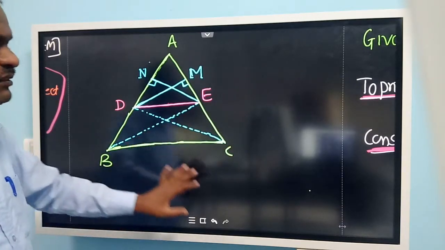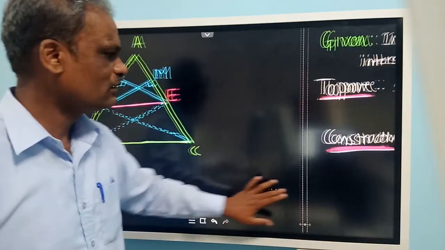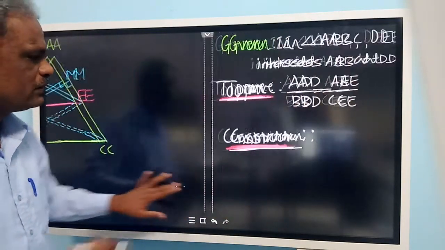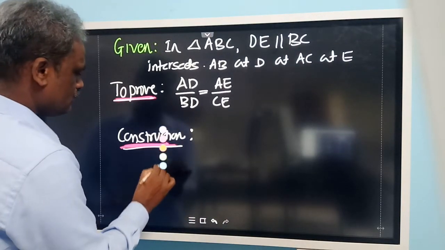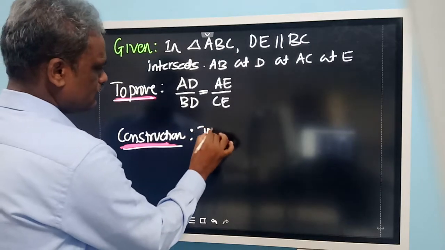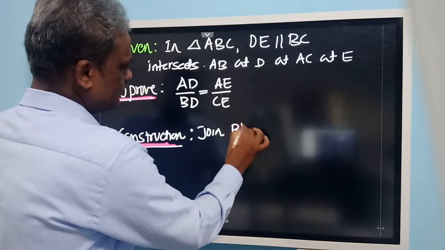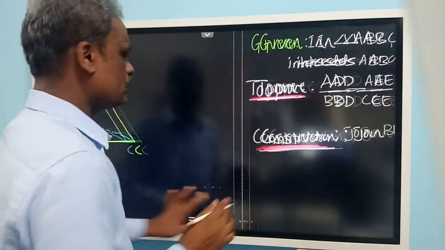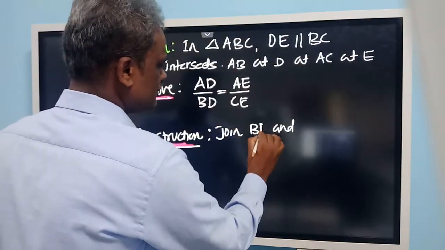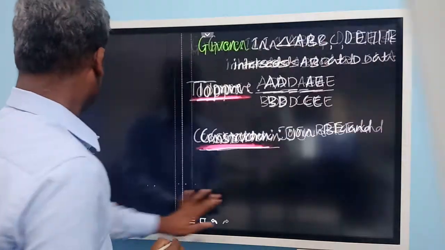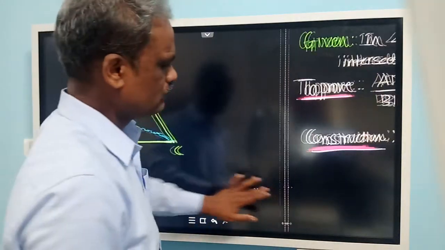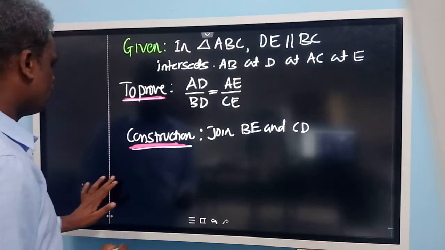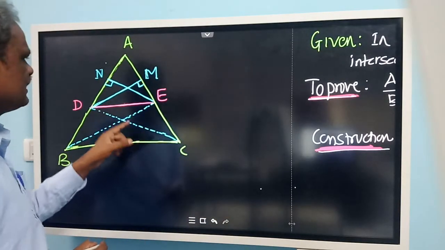So now what additional work have we done? Let us write in construction. What is it that we have done? We have joined BE and CD, so that we will write here. Join BE and CD.